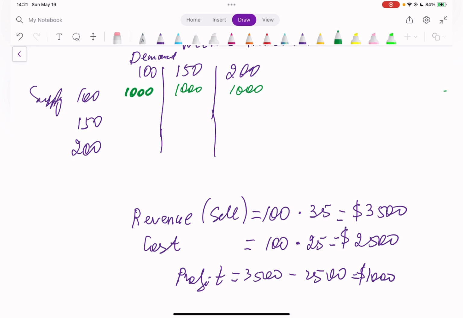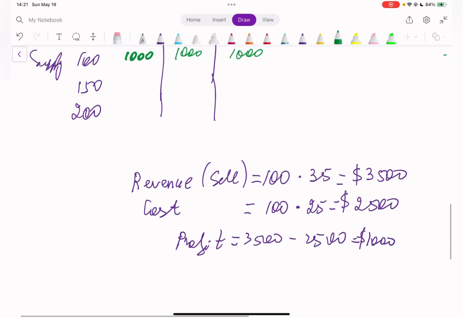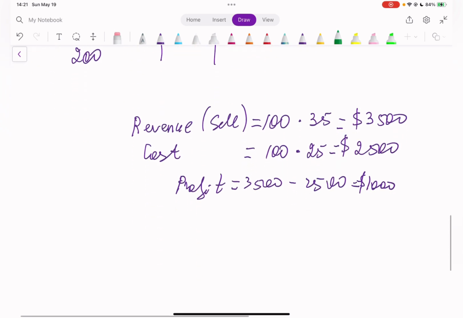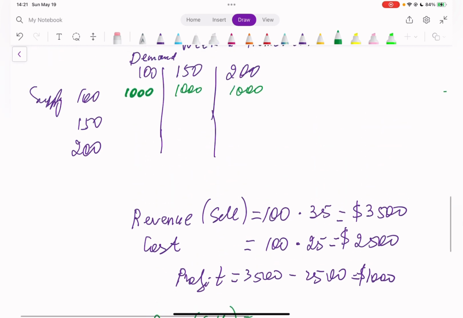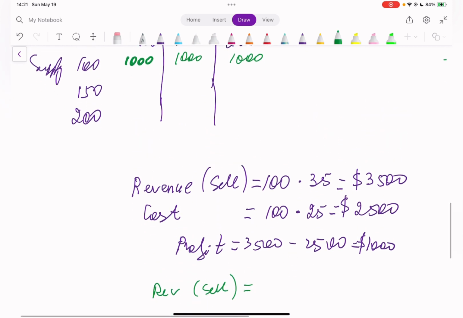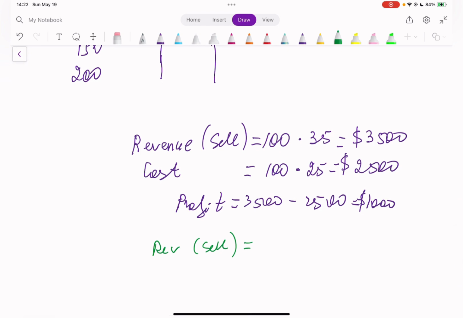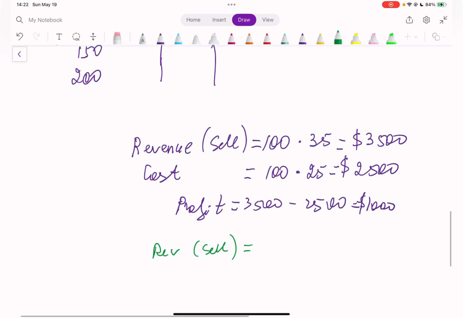Next, we can provide 150, and demand is 100. So what's gonna happen here? Our revenue from sale, we have 150, but the demand is 100, so I can sell only 100 times 35, right? 3,500. Cost is a different story.